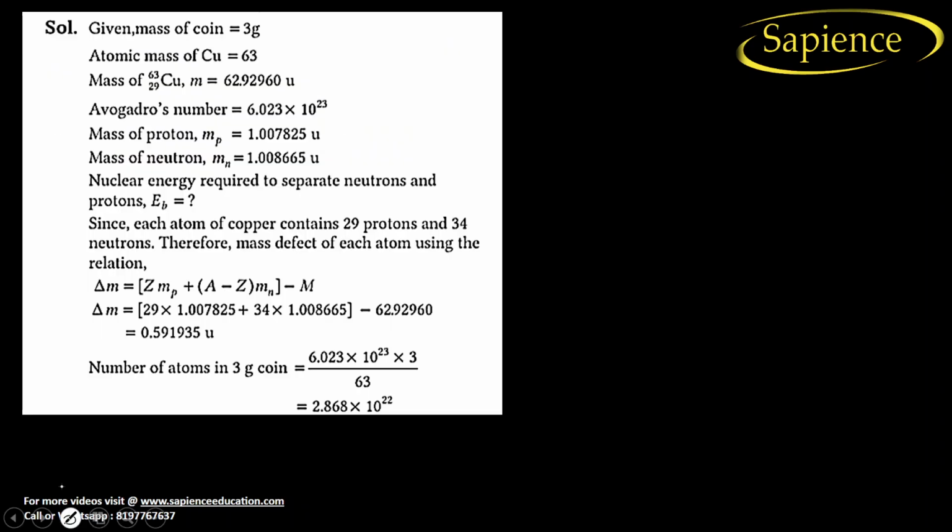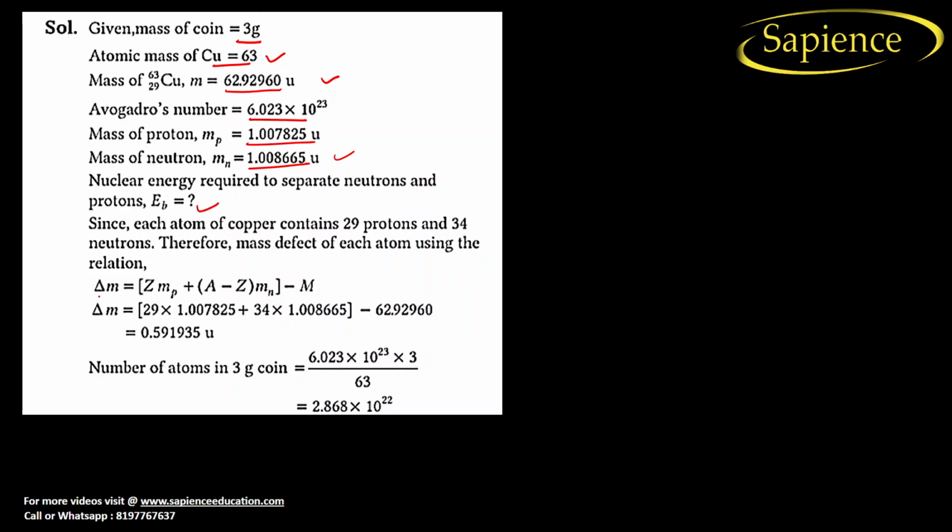Before that, let us see what they have provided. The given mass of the coin is 3 gram, and the atomic mass of copper is 63. The Avogadro number is this one. The mass of the proton is this one and the mass of the neutron is this one, so you should memorize these. The nuclear energy required to separate will be Eb.